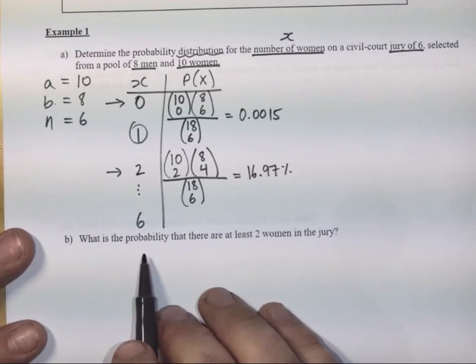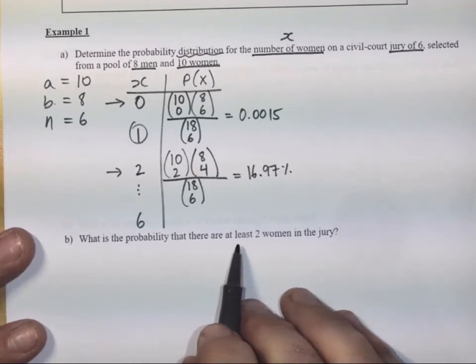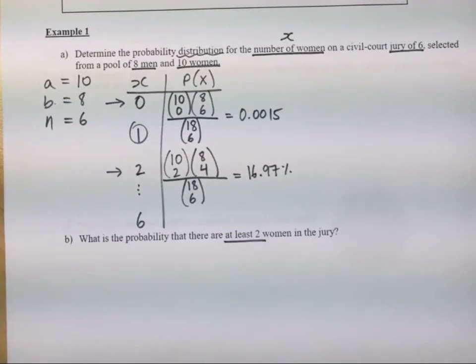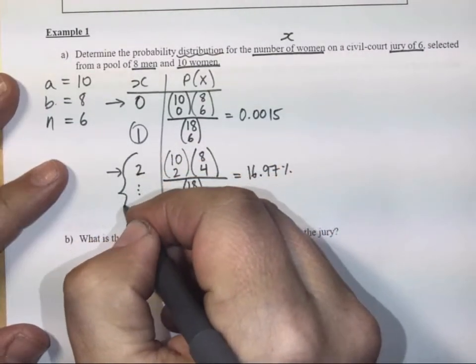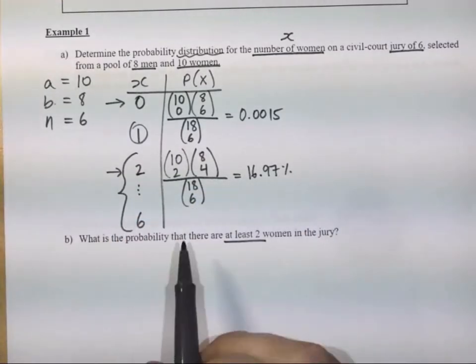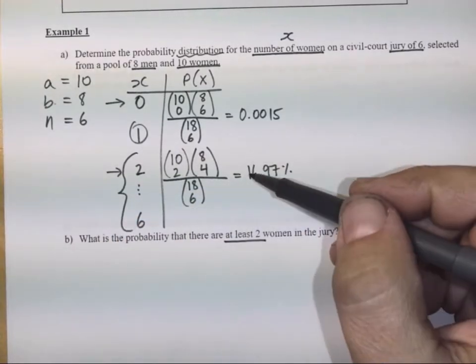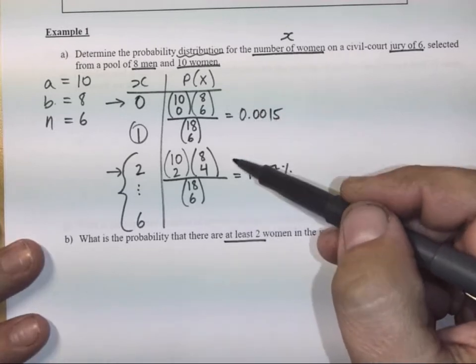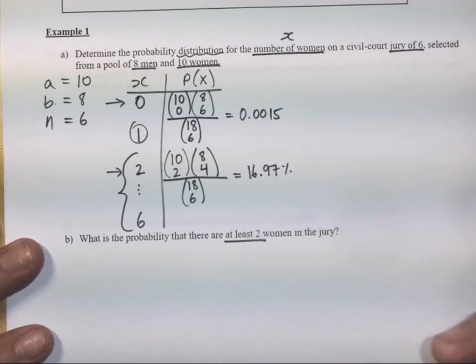Part B, what is the probability that there are at least 2 women in the jury? At least 2 women in the jury means 2 or more. So we're talking about this group here, 2, 3, 4, 5, and 6. I don't want to have to add up all of those outcomes when I know that the sum of all these probabilities would add up to 1.